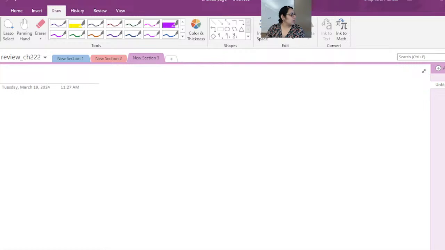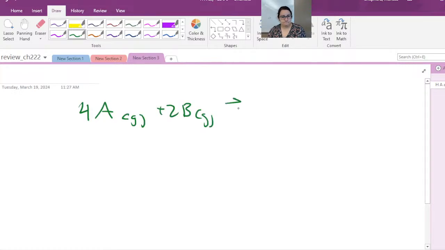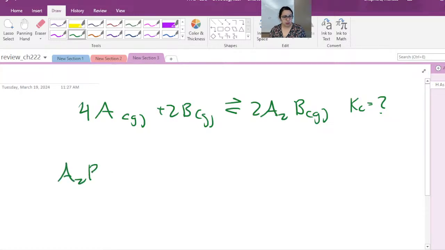All right, so let's try another one. So one of those equilibrium ones. So now we want to find our equilibrium constant for this reaction. And we are given the following.